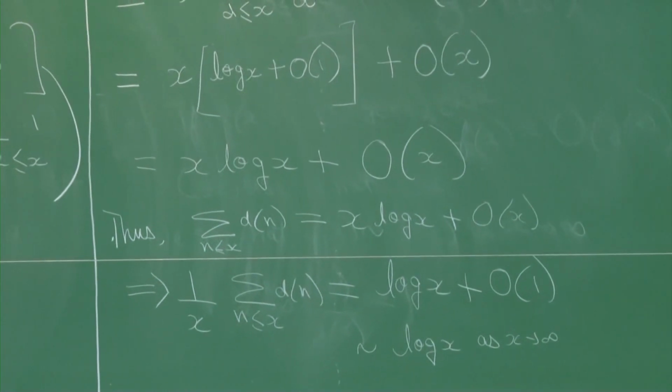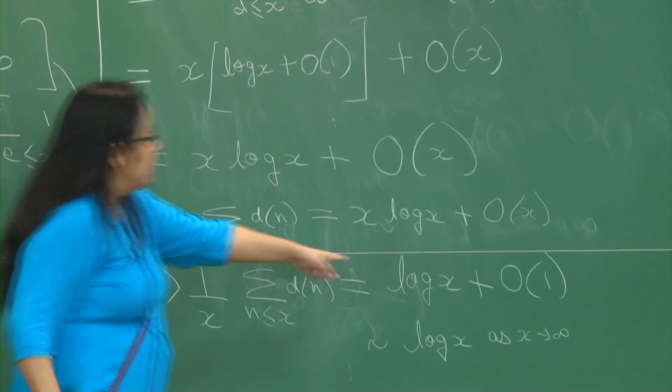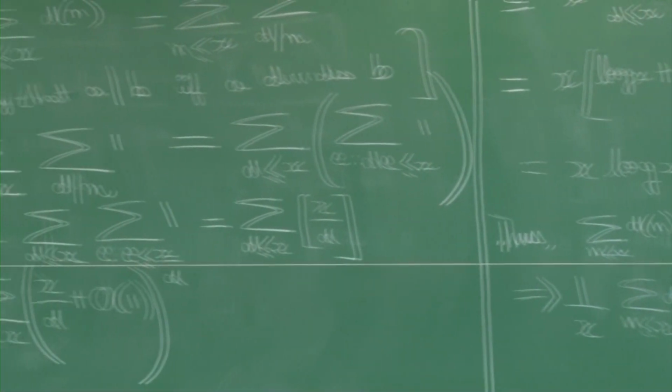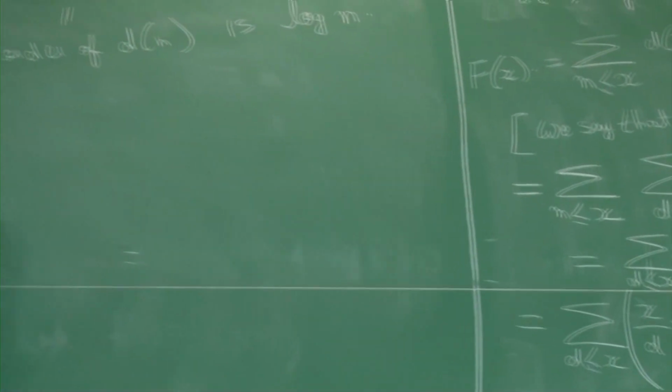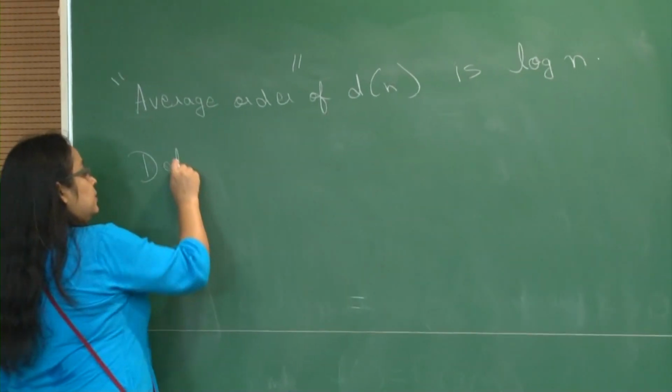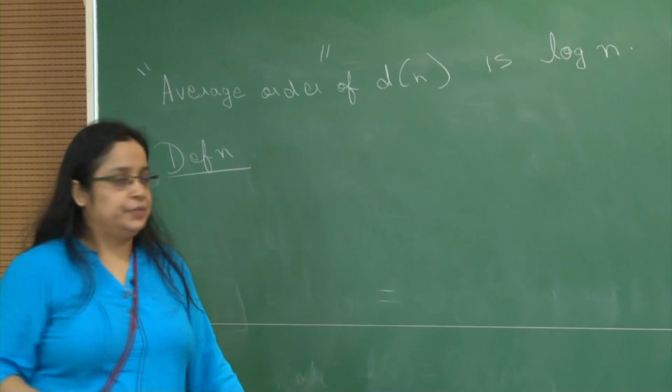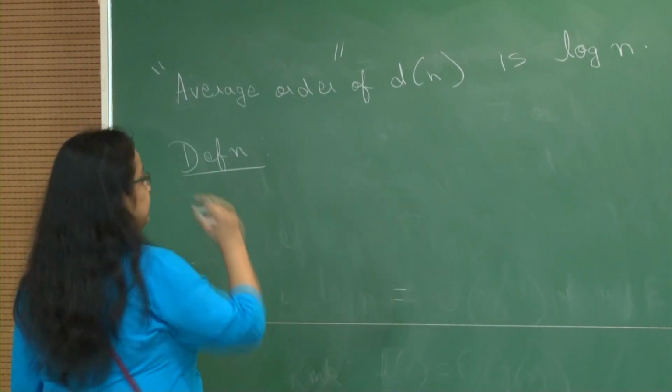So, over here you have log x. In other words, what we say is the following. Here is a precise definition of the notion of average order. Let f and g be as before.